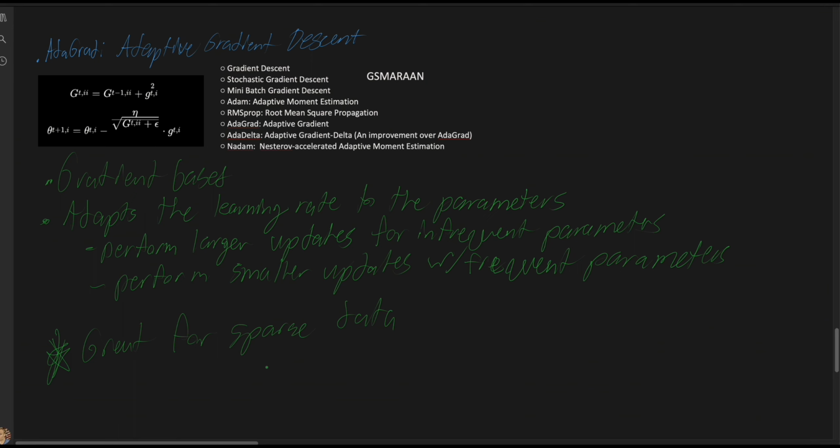However, its accumulation of the squared gradients in the denominator can lead to an excessively rapid decrease in the effective learning rate. And it can prematurely converge to suboptimal solutions, which is why it may not be well suited for training deep neural networks, but it is good to know that whenever we have sparse data we can use the adaptive gradient descent if we need a quick means of classification.